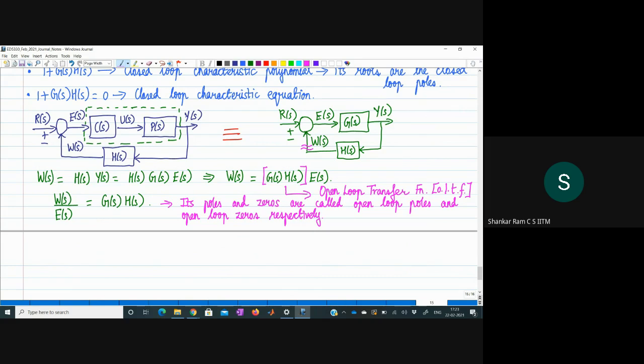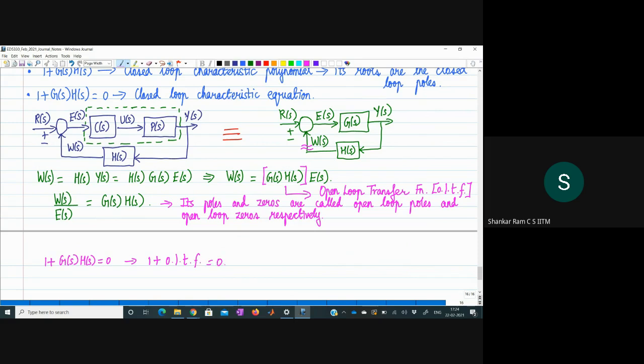Now, if we look at how this is correlated to our analysis, immediately we can see that the closed loop characteristic equation, which is written as 1 plus G of S H of S equals 0, can be rewritten as 1 plus the open loop transfer function equals 0. So one can immediately see some connection coming up.